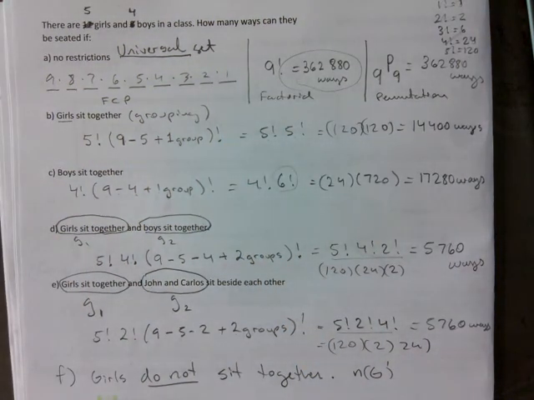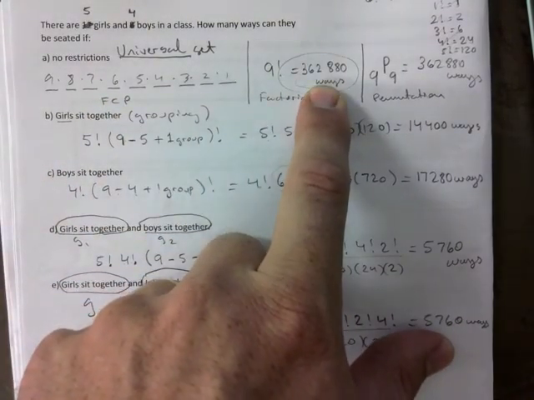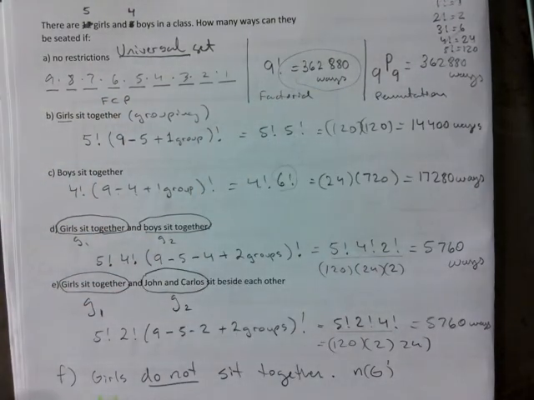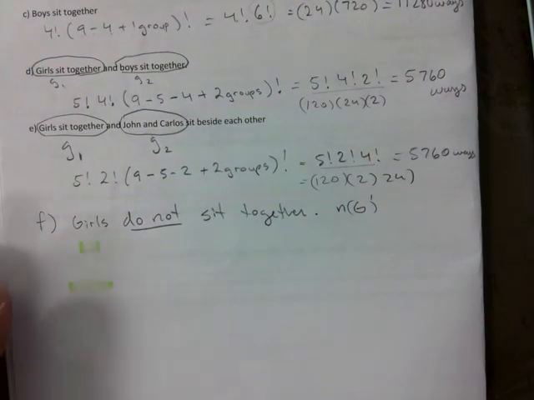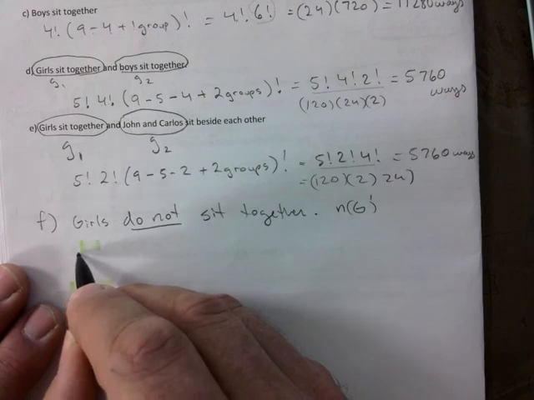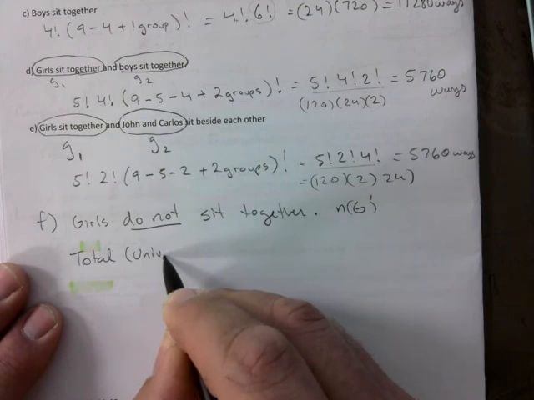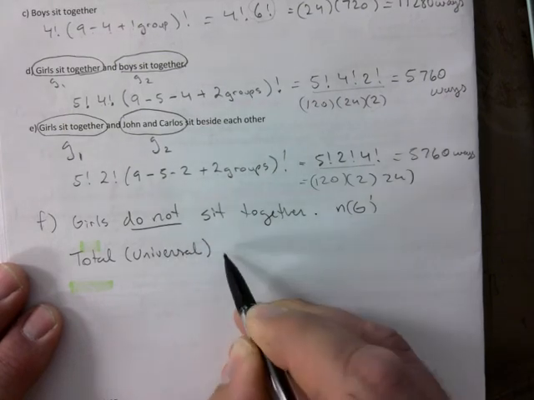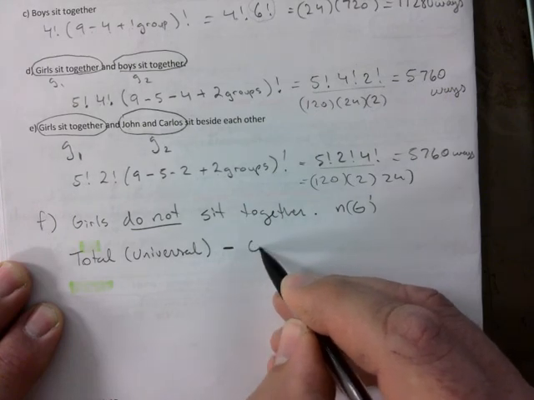You had 9. So when it comes to arrangements, this is your universal, no restrictions. Okay, so let's see what we can do here. This is going to be my approach: total or universal, and I'm going to subtract girls sitting together.